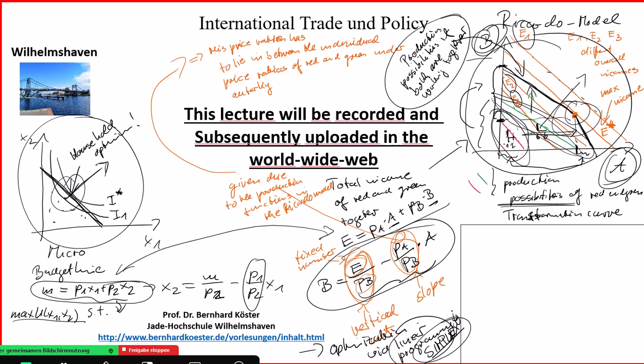And what is the idea behind? Well, here at the top, this is the maximum amount of B which both countries can produce together.